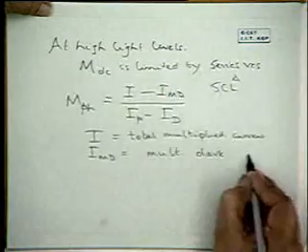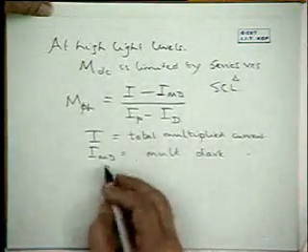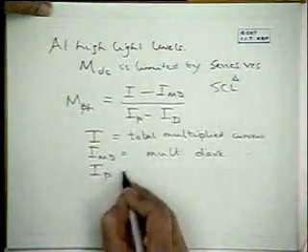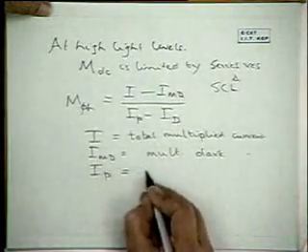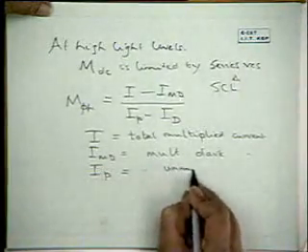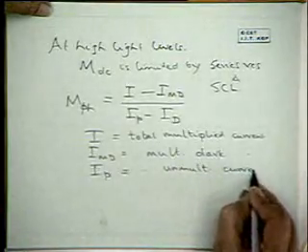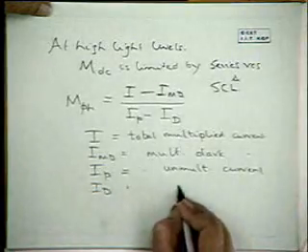Because even without light, a little dark current is there, and that is also multiplied. IP is the total unmultiplied current, and ID is the unmultiplied dark current.